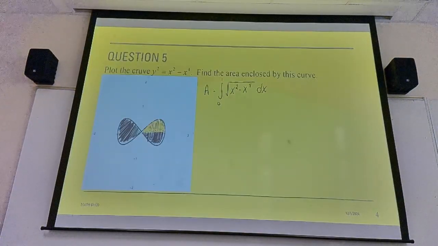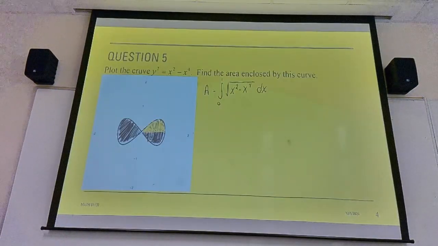How do you want to integrate that? No calculator allowed. How does that help you? Can you? That'd be if it's square root of x.